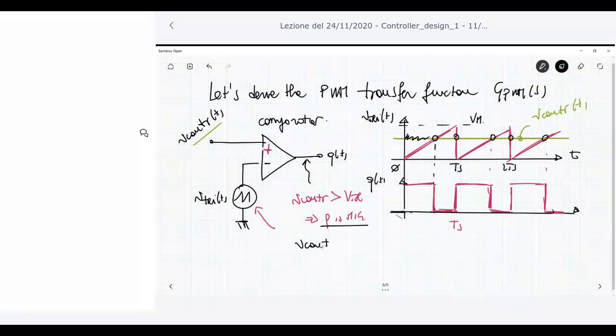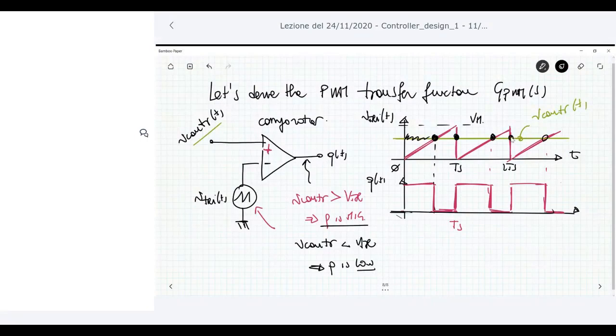When control voltage is less than the triangular voltage, then Q is low. Okay, but in any case, you have the flip of the output voltage exactly when you have control voltage which is equal to the triangular voltage.